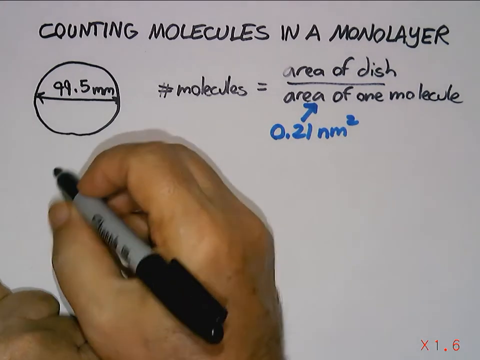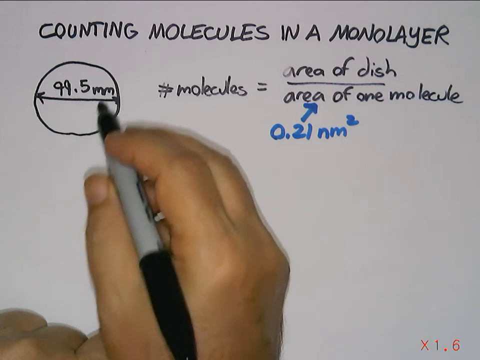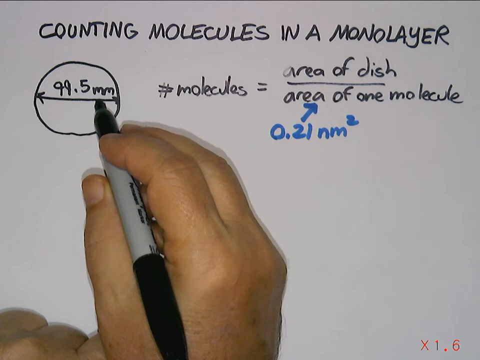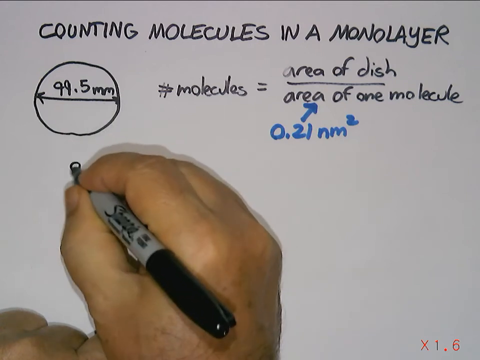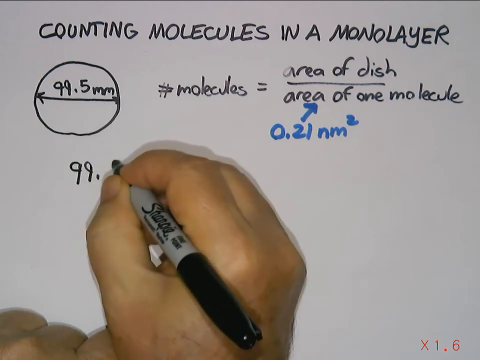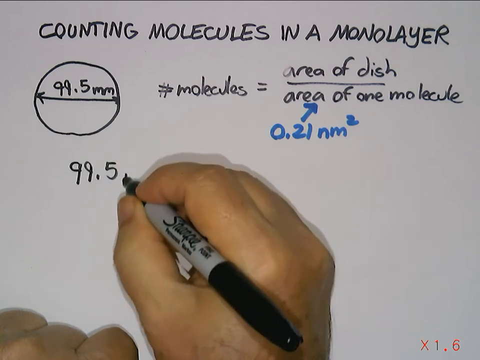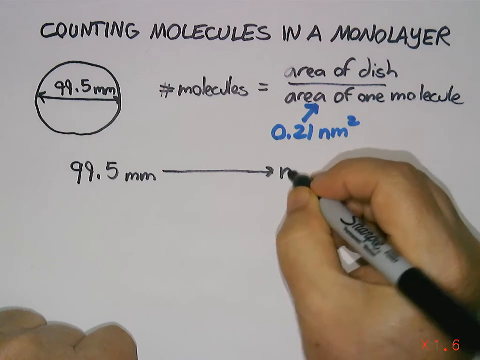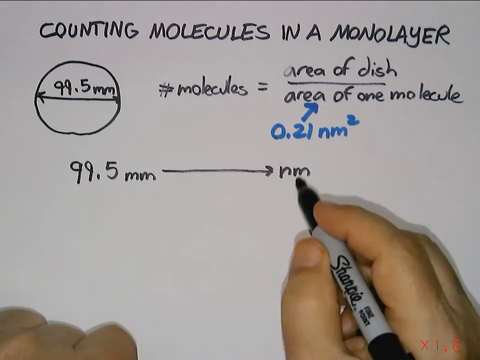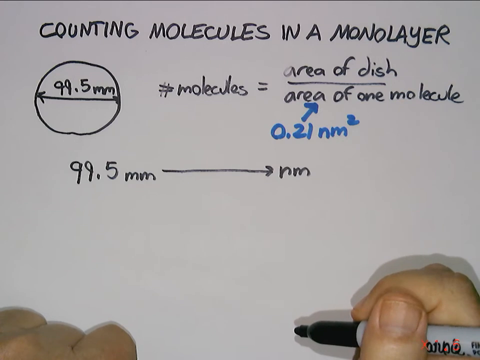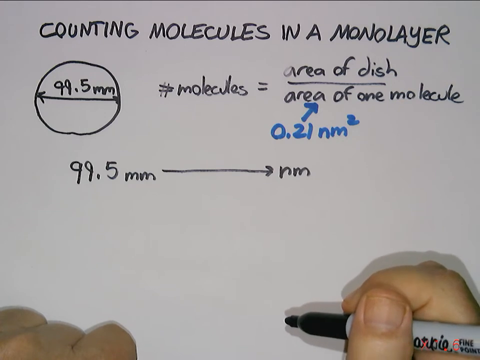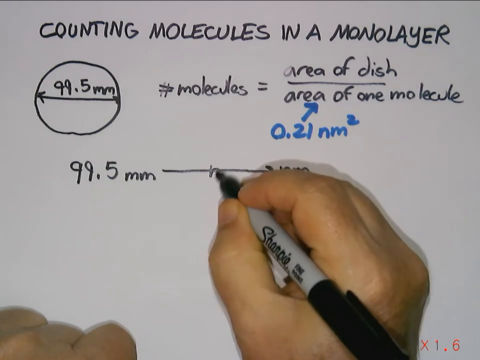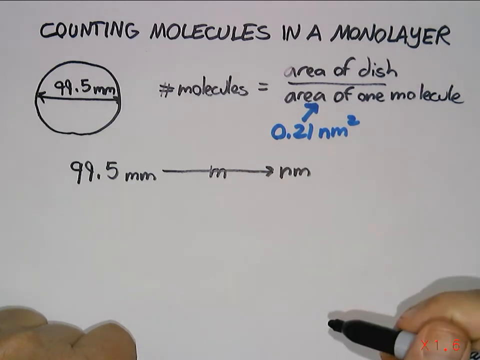So, before I start, I think I'm going to turn the diameter into nanometers. And this is something that you did in the last module. You converted things with an SI prefix, one SI prefix into another. So what you did there was you took the first prefix off and then put the second prefix on.